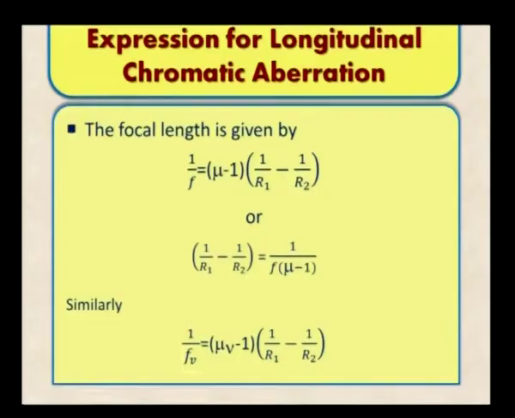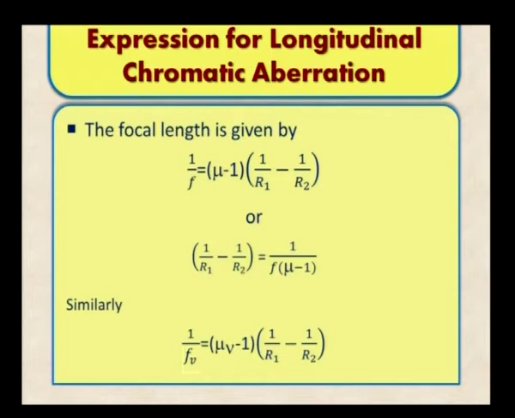So, what we now observe is the first expression, which is nothing but the focal length of a lens, called the lens maker's formula, which goes as 1 by f is equal to mu minus 1 into 1 by r1 minus 1 by r2, where f is the focal length of the lens and mu is the refractive index of the material of the lens, and r1 and r2 are what?